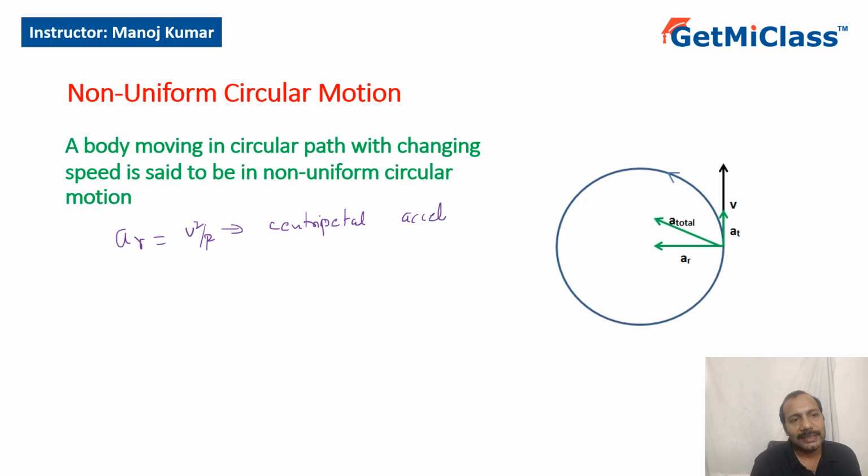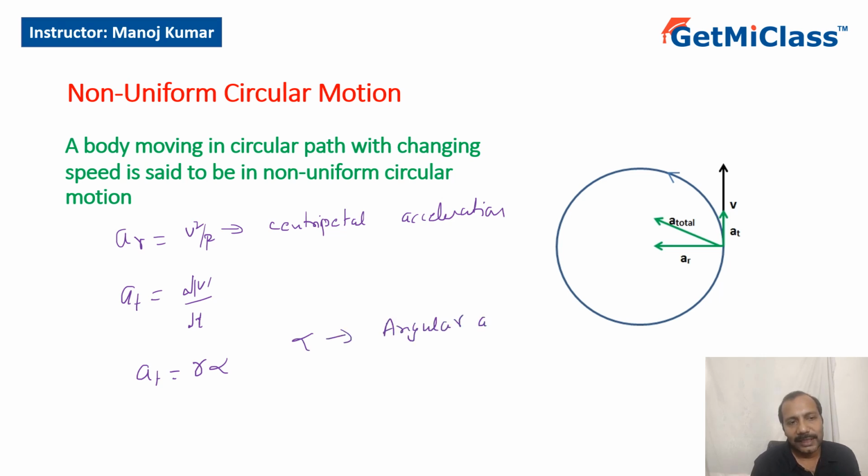The next thing that we have is tangential acceleration. What does tangential acceleration do? Tangential acceleration changes the magnitude of velocity. So I can write tangential acceleration at equal to dv by dt, the change in magnitude of velocity by time. Now how do I find it? I can write tangential acceleration is equal to r into alpha, where alpha is angular acceleration.